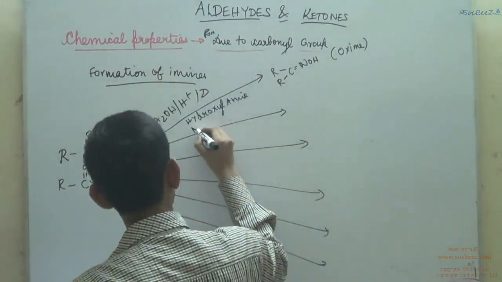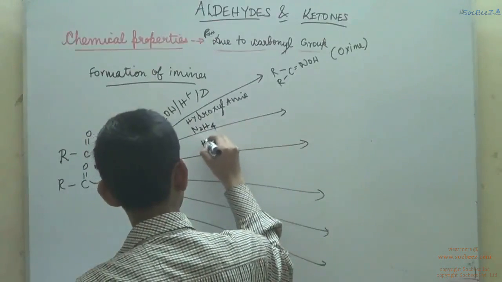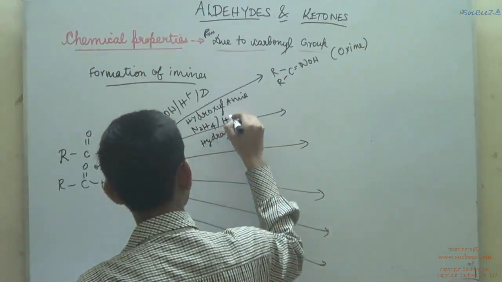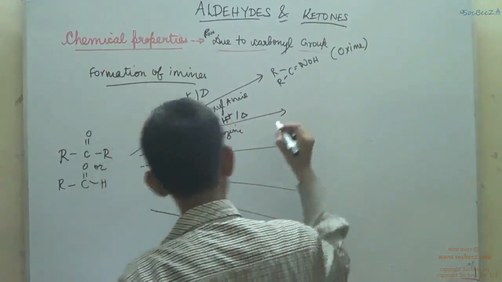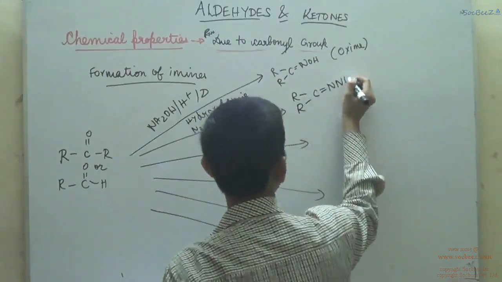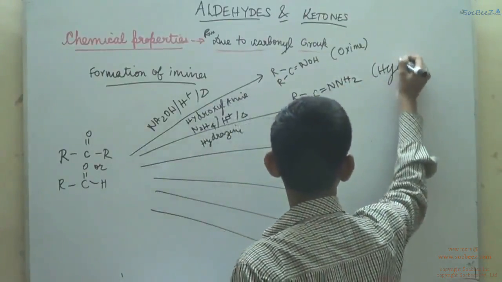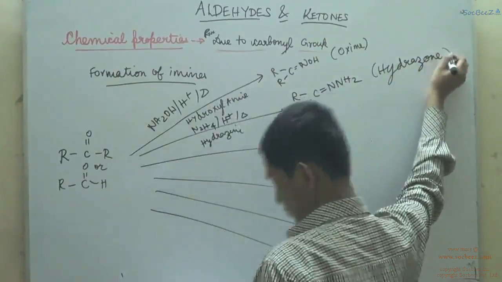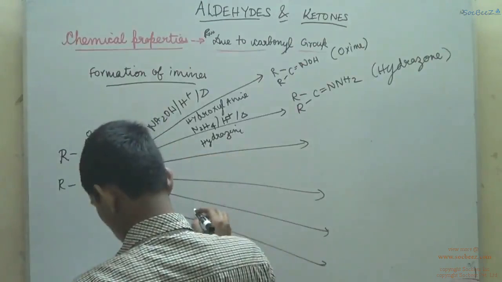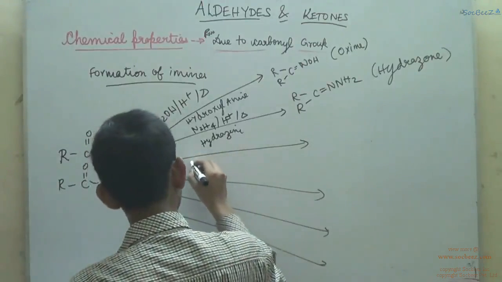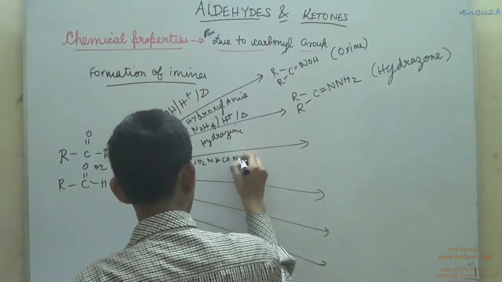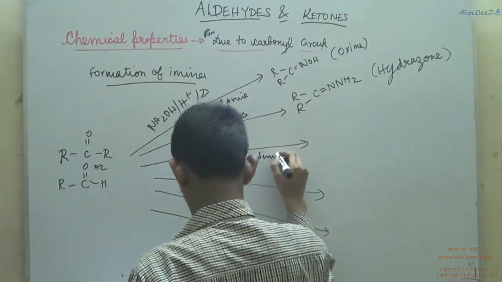Okay. Next you have hydrazine, N2H4. In presence of acid, in presence of heat, this is what you already know. This is your hydrazone. Then NH2NHCONH2, semicarbazide.